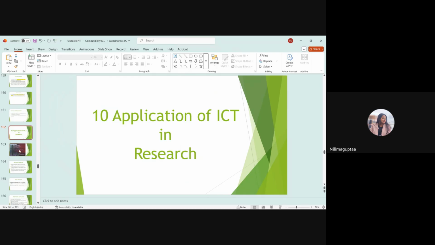But now ICT, that is information and communication technology, has helped a lot, and it has made research quite easy. On a lighter note, nowadays we also have software which can write the whole of the research papers also. But that is not what we have to do, because it turns into plagiarism. But yes, IT has helped a lot.